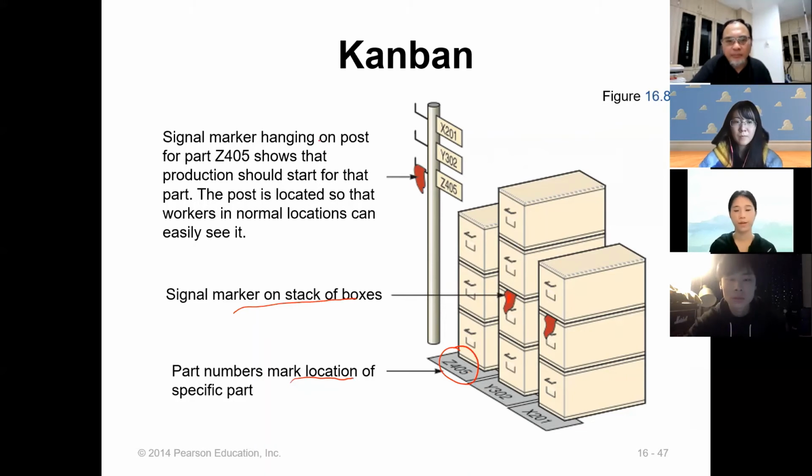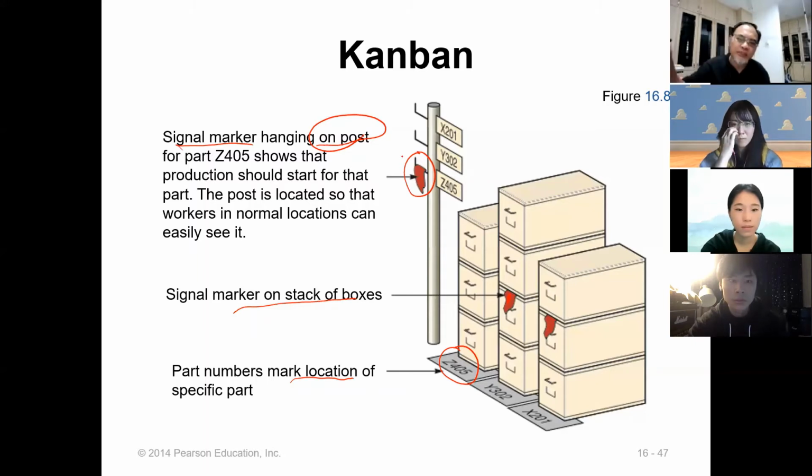Okay, or a signal marker hanging on posts. So it is a signal, okay? But of course, when you say Kanban, physically you must know how much to produce or how much to deliver. So there is a quantity itself also, because you need that information. That information must also be given to the prior process, okay?